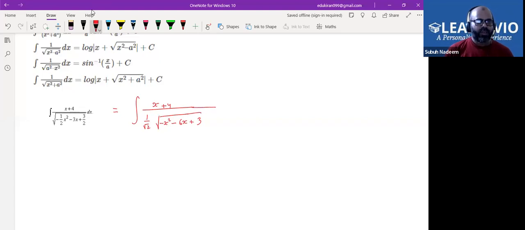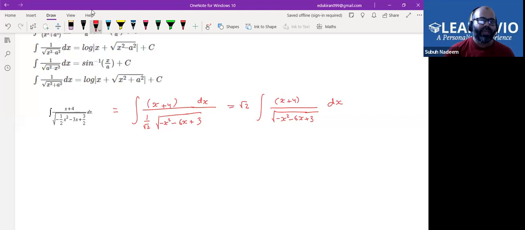So we take the LCM 2 in the denominator, and we get minus x square minus 6x plus 3. And 1 by root 2 is outside, which will become root 2 in the numerator. And then we have x plus 4 upon square root of minus x square minus 6x plus 3.